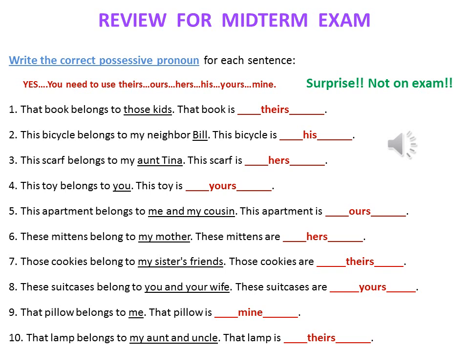Again, using the sentence with theirs, his, hers, yours, ours, hers, with no noun. Well, number 1, yeah, it's theirs. Number 2, it's his. Number 3, it's hers. Number 4, it's yours.